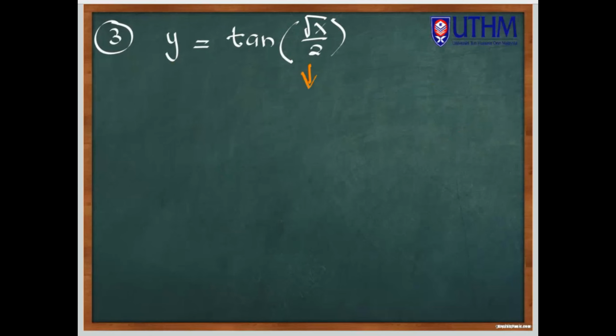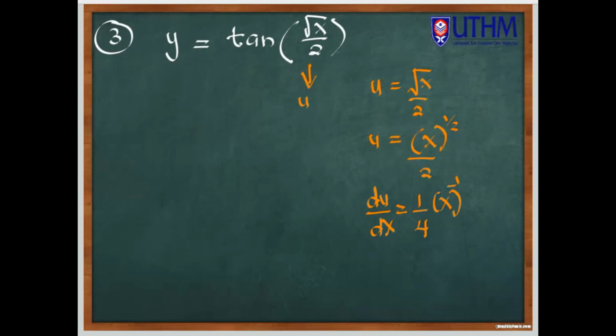We will assume u is equal to square root x over 2, or we can write it as x power of 1 over 2, divided by 2. When we differentiate u, du dx, we will get 1 over 4 times x power of negative 1 over 2, or we can also write it as 1 over 4 square root x.